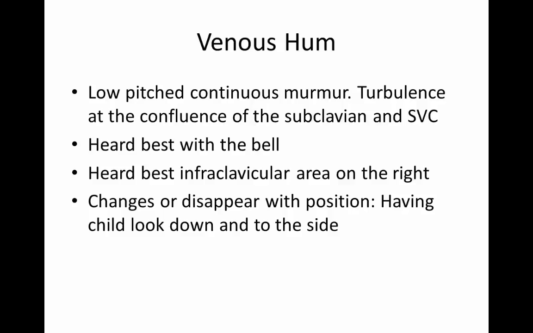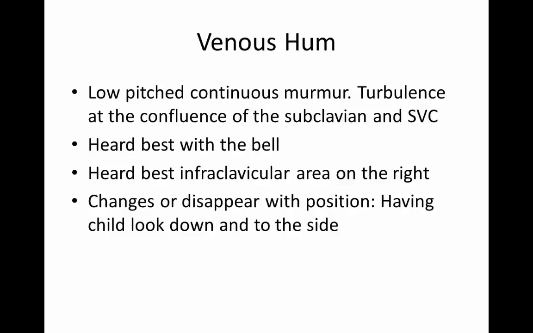Because it marks the entrance of preload, the entrance of venous return to the right side. So you have a better return in inspiration, and you have a better return on the right side, of course, because on the right side is where you get the blood from the superior vena cava and the inferior vena cava.